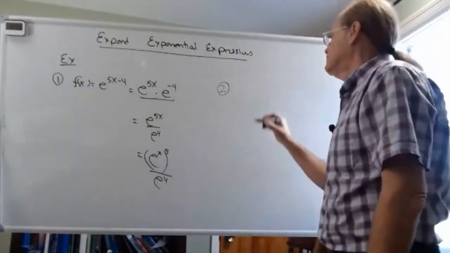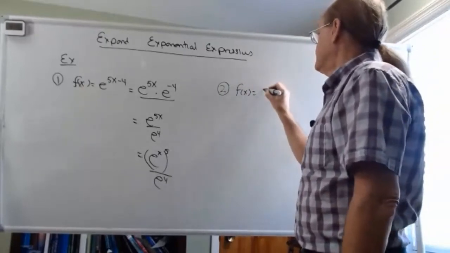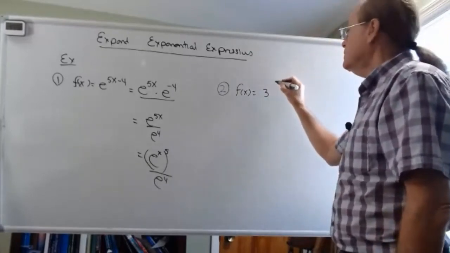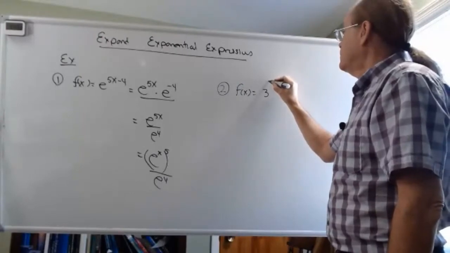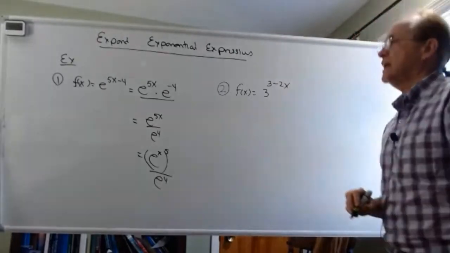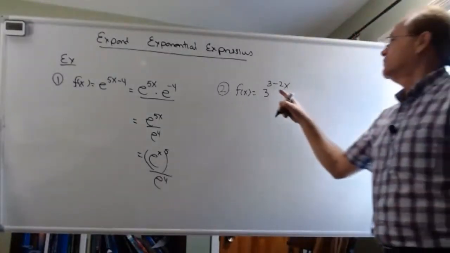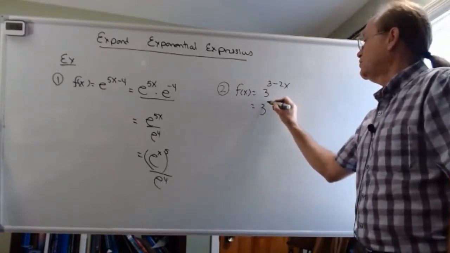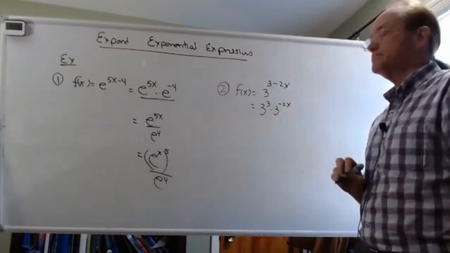Say, for example, I have f of x is 3 to the 3 minus 2x. Kind of a simple one. And I want to expand this out. Well, first thing I'll do is I can rewrite that as 3 cubed times 3 to the minus 2x.